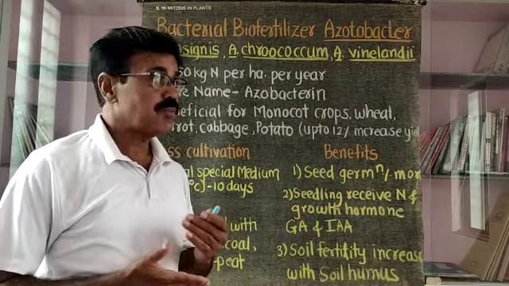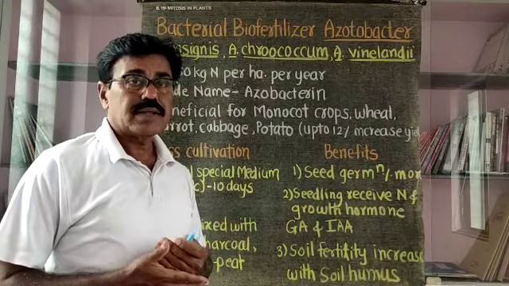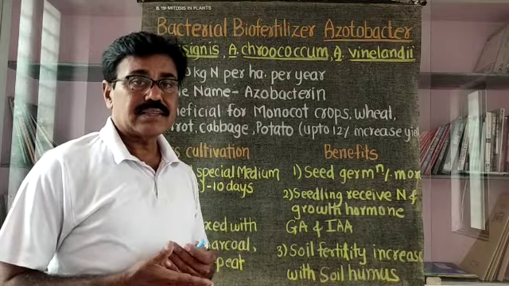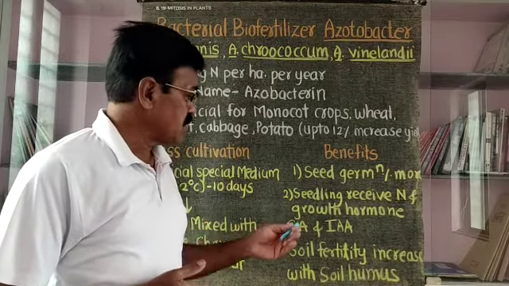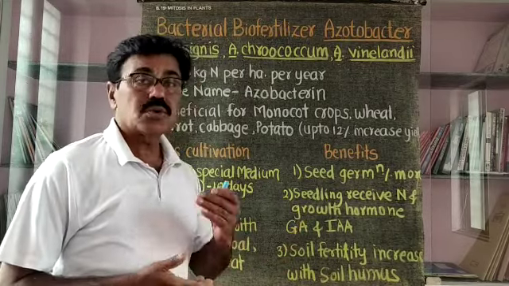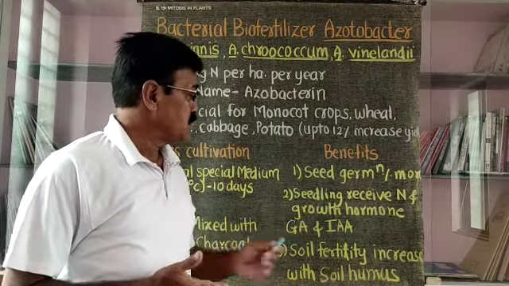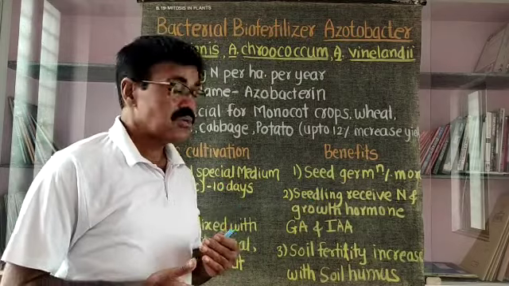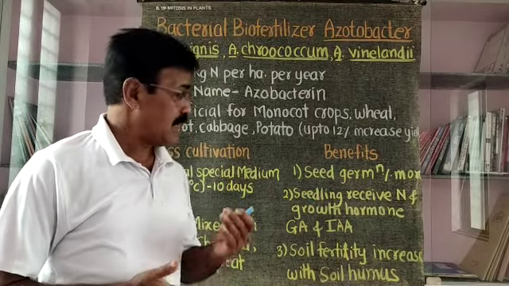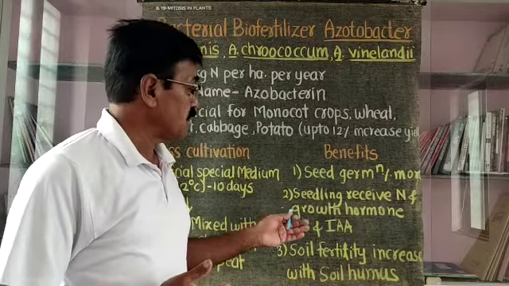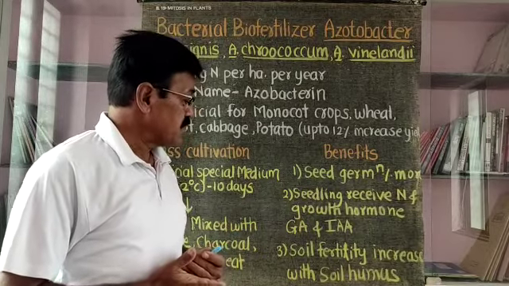The growth hormones popularly known are gibberellin and auxins like indole-acetic acid and indole-butyric acid, and these are released by Azotobacter. Due to that, the seedling receives nitrogen along with gibberellin and indole-acetic acid, and more growth takes place in the seedlings.